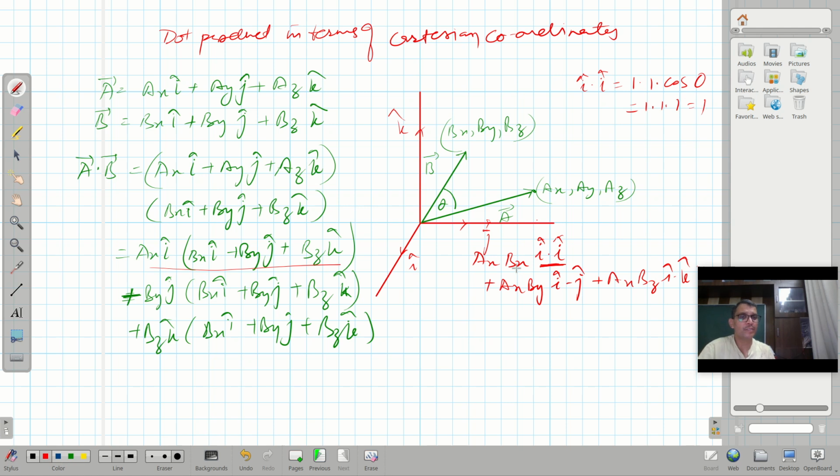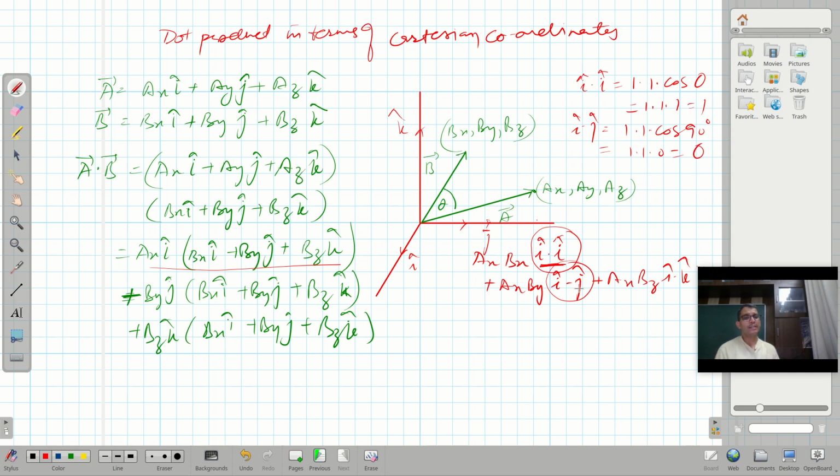Means when x is multiplied with the x component, its value comes out to be 1. But when i is multiplied by j, it is 1 into cos of 90 degrees, because there is a 90 degree angle between i and the j cap. And cos 90 is 0, so 1 into 0 makes it 0.